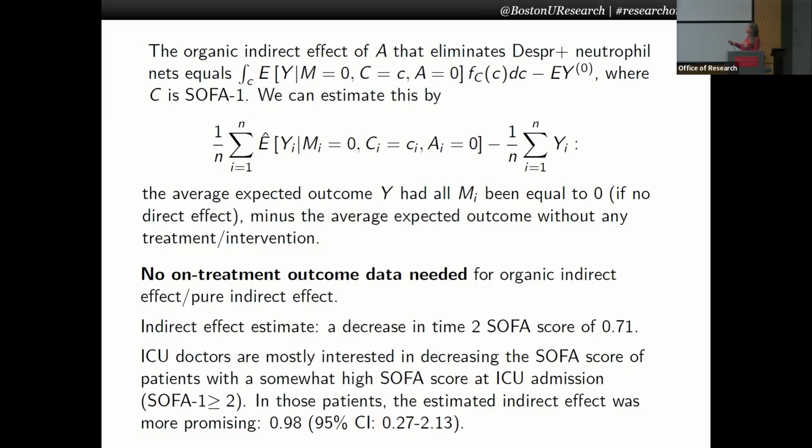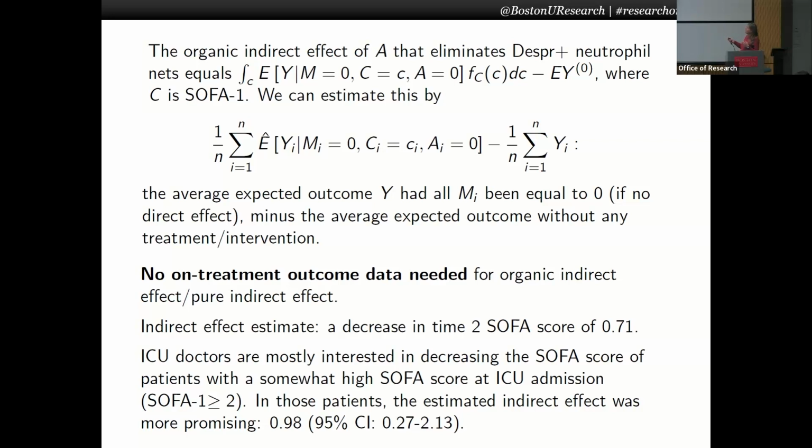And then the outcome comes about as though these 0 neutrophil nets come about under no treatment. In other words, after the neutrophil nets come about, it is as though the system follows the natural course, as though these neutrophil nets were 0 by nature. So we can look at this.